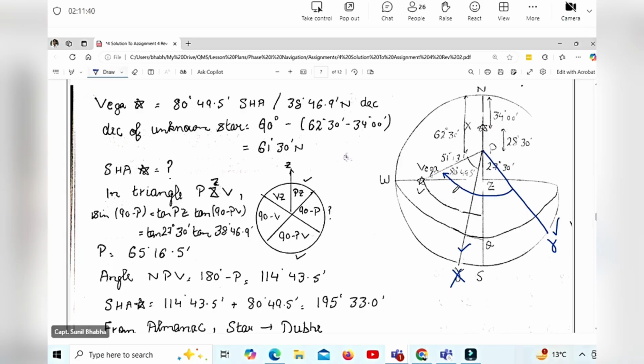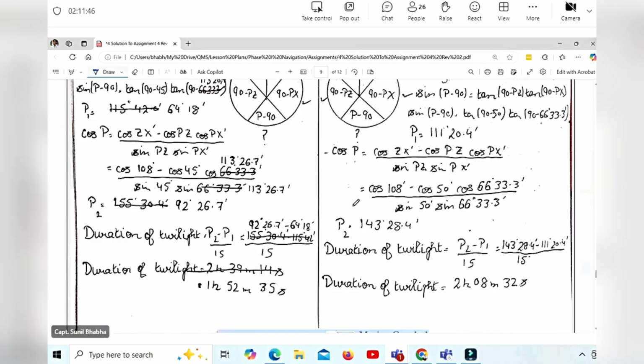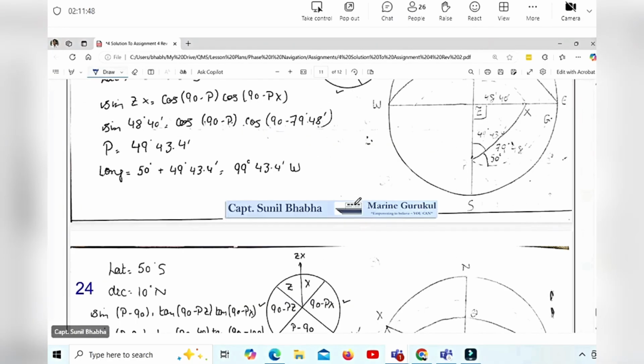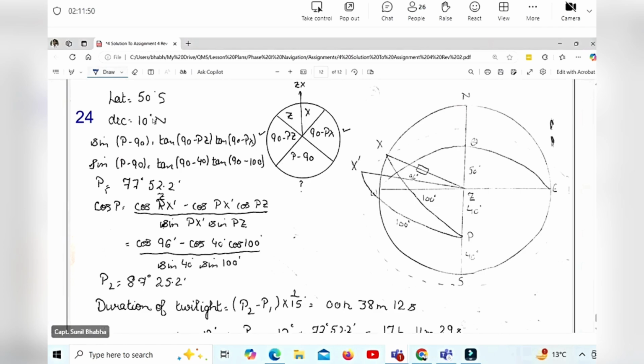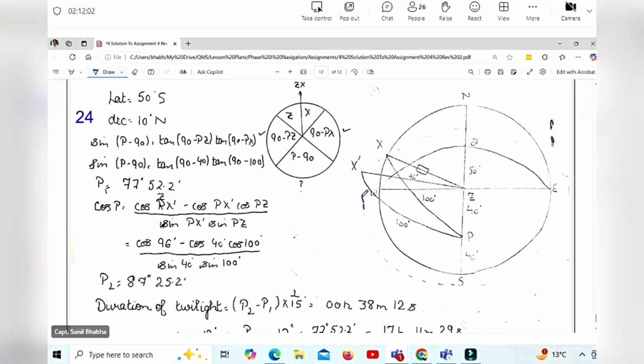Yes, that's right. And in question number 24, sir, can you explain the diagram? Because this one has 100 degrees added, and then this other one. We calculate P1 and P2, but if you explain the diagram, it will be good, sir.